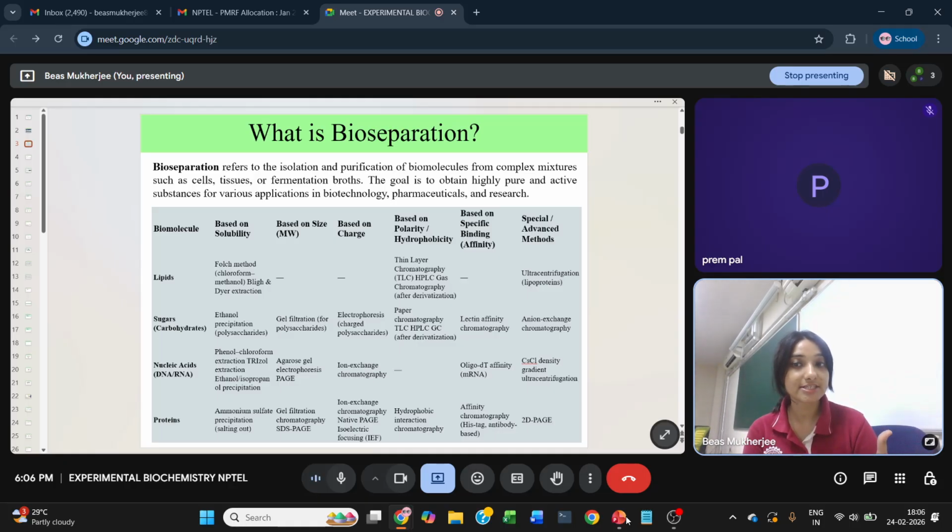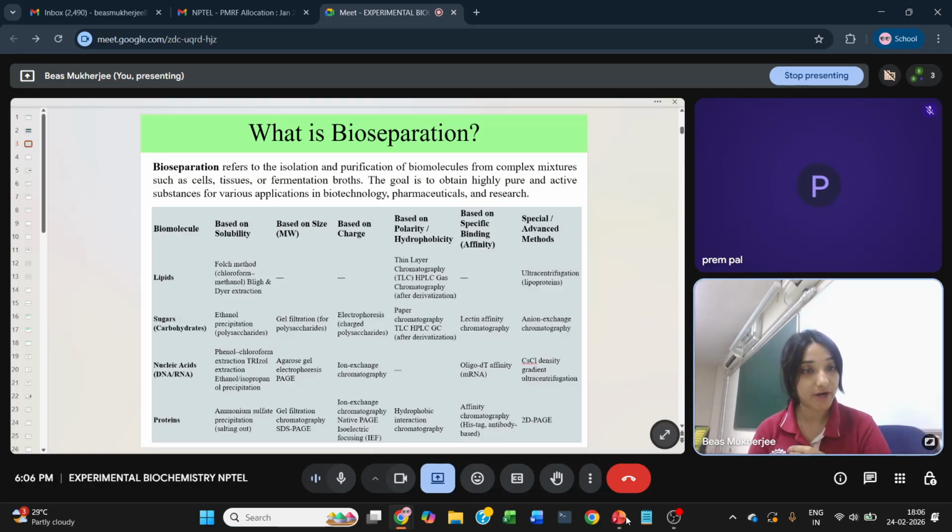There are different techniques you can read about, such as chloroform methanol separation. Since our course is concentrating more on the biomacromolecules, we will talk about those in today's class. We'll majorly talk about chromatographic techniques, but you can study the separation of lipids as well if you're interested.